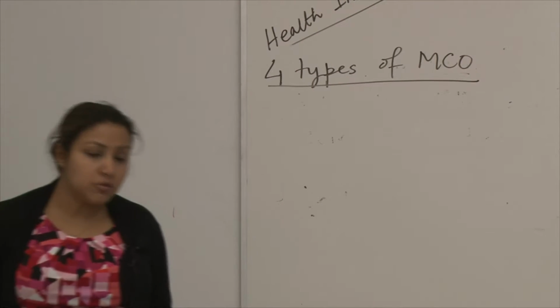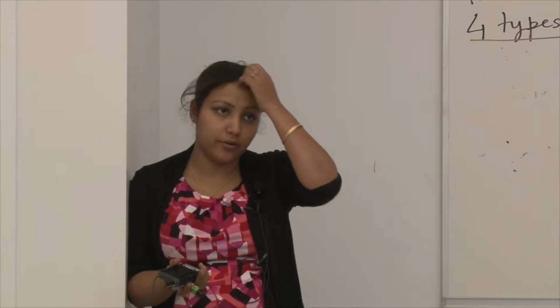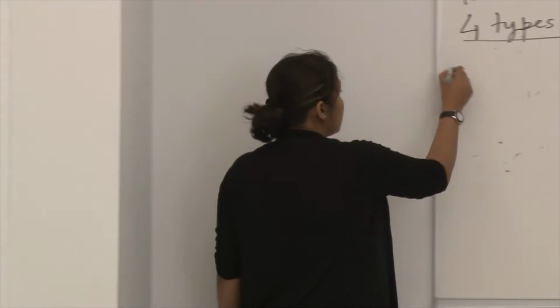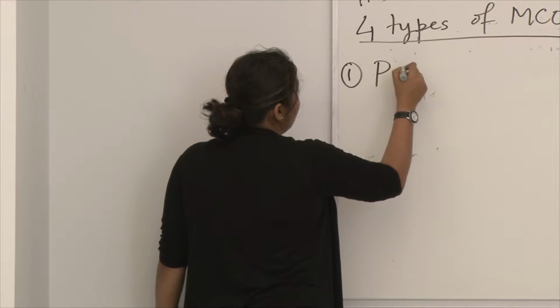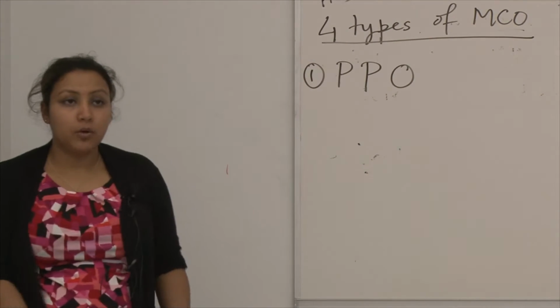And these different types are based on the relationship between these 2 divisions, the health insurance provider and the health care provider. Okay? The first one is called the PPO, the Preferred Provider Organization.